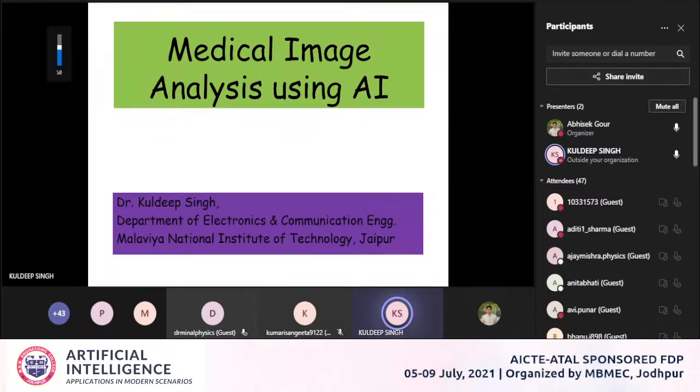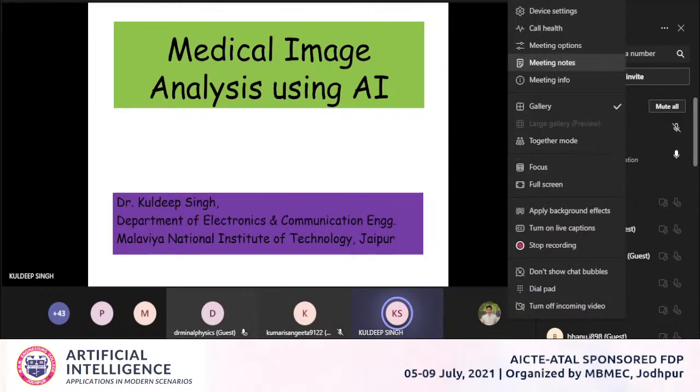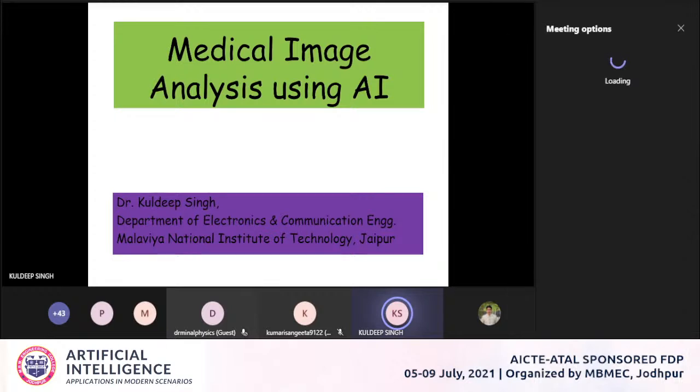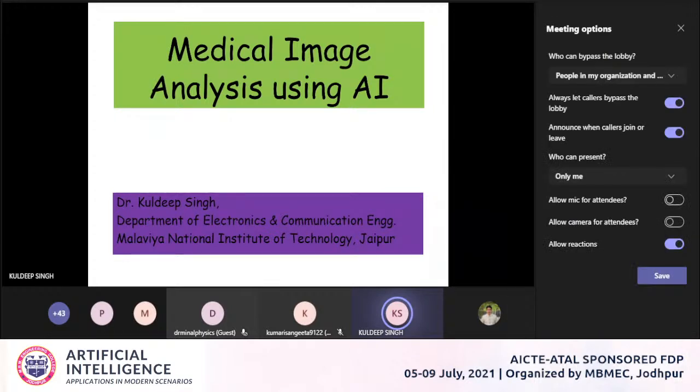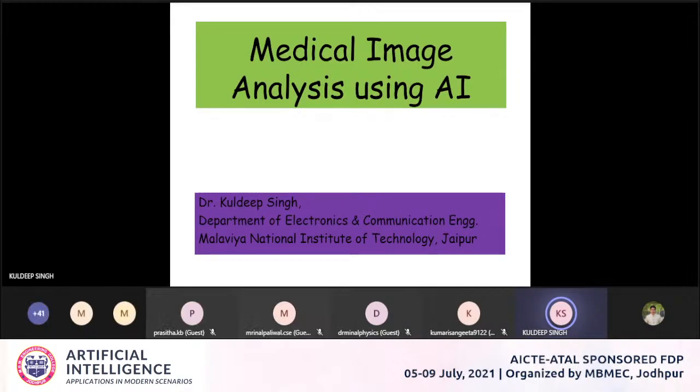Okay. So basically, we will be talking about the application of artificial intelligence in the field of medical image analysis and how we perform medical diagnosis with the help of different AI techniques, specifically machine learning and deep learning.